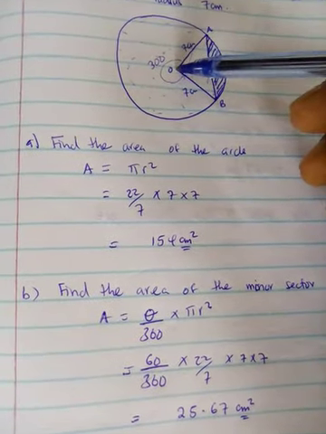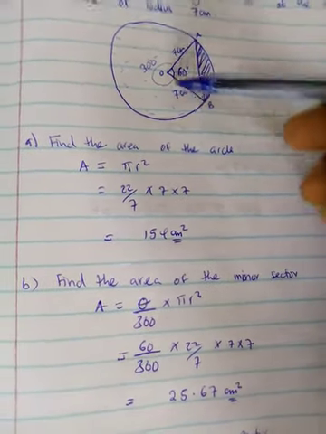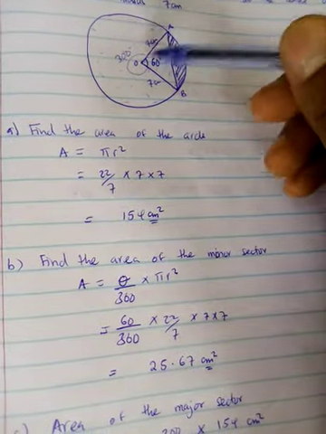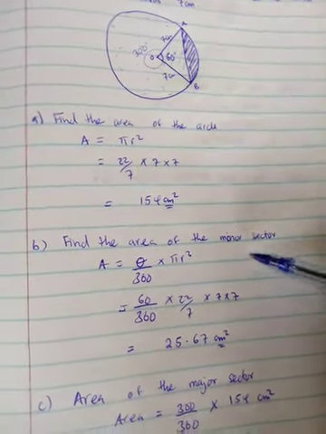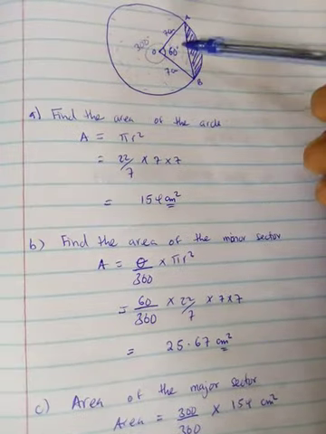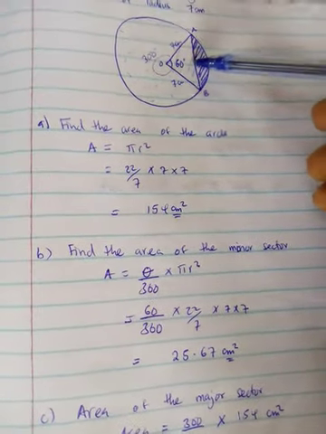I simply get the area of the whole sector, which we've already calculated as the area of the minor sector, and then I take off the area of this triangle.